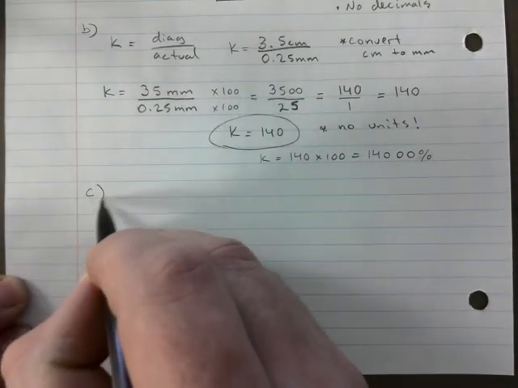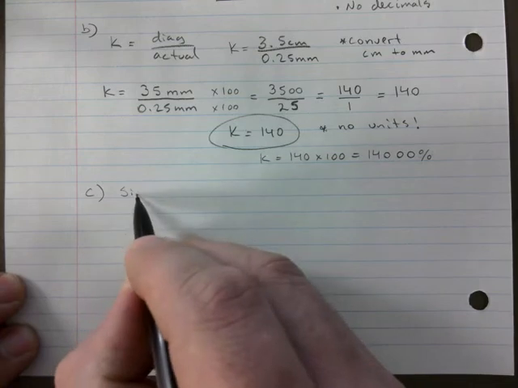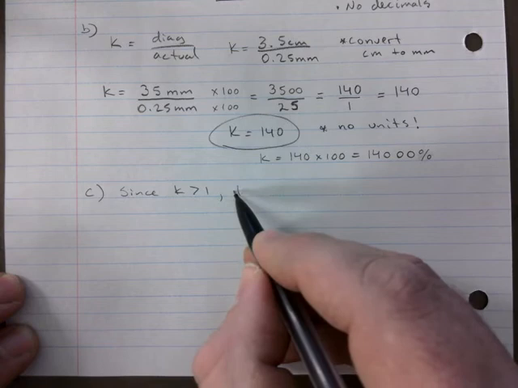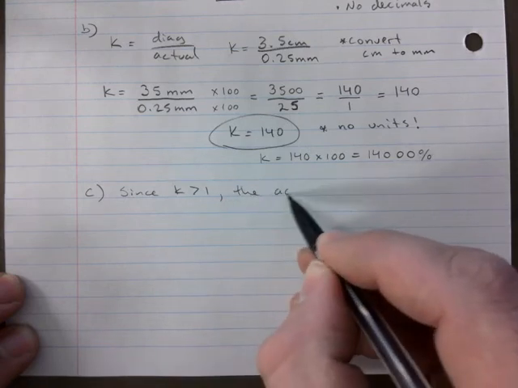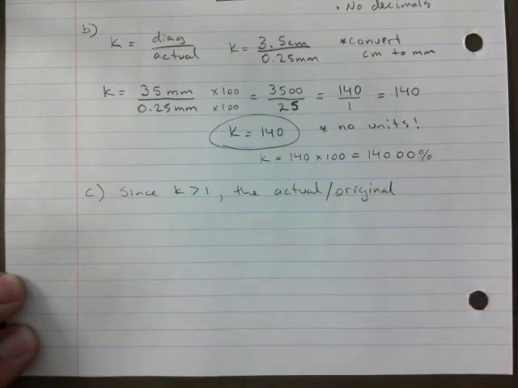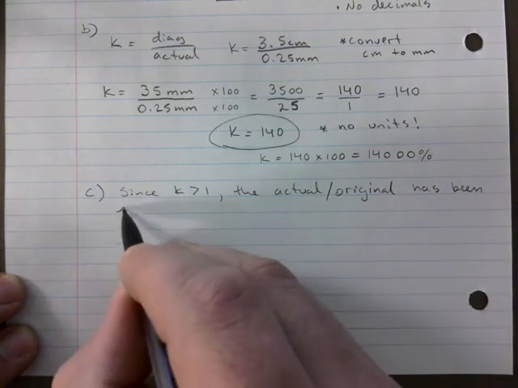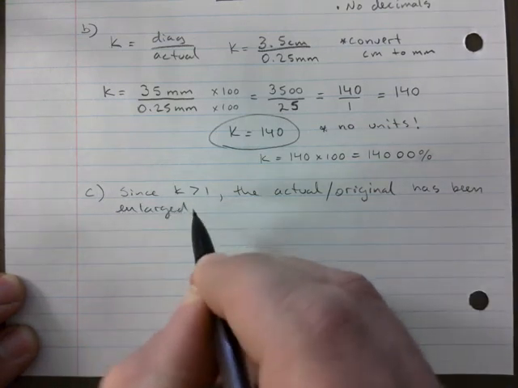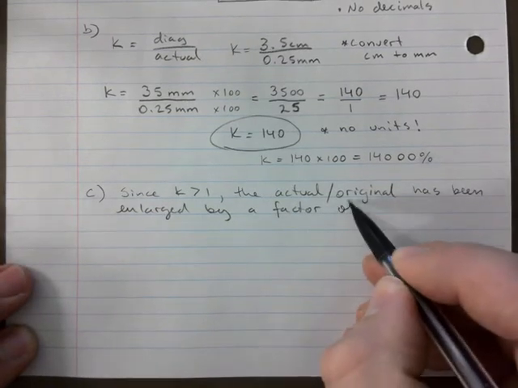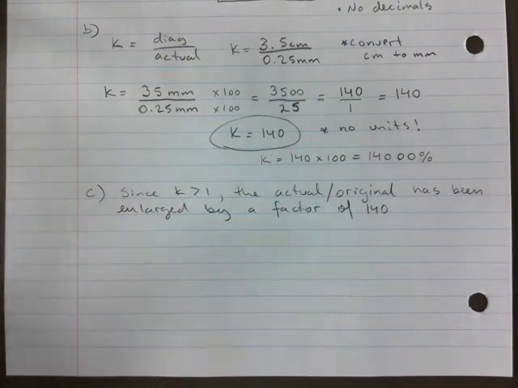Enlargement or reduction? Since K is greater than 1, the actual or the original, whichever one you choose, has been enlarged by a factor of 140. Whatever your scale factor is, that's what you write down.